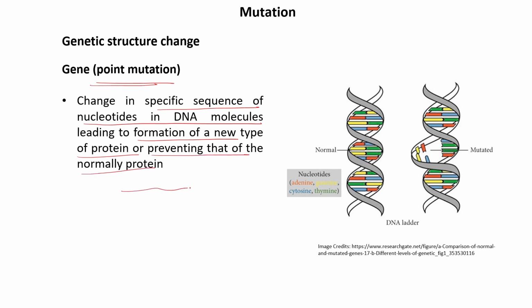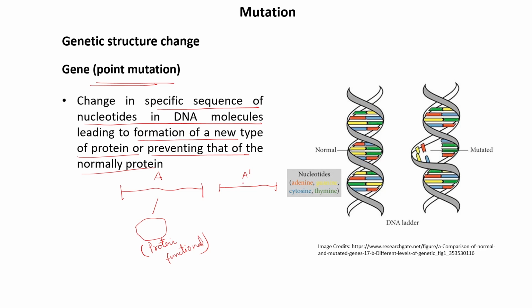Suppose this is a DNA having one particular gene A, and it produces a protein. This is the functional protein.